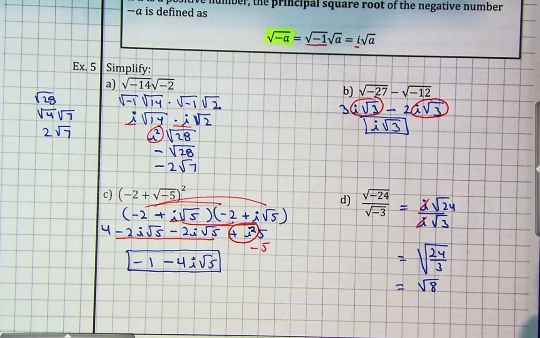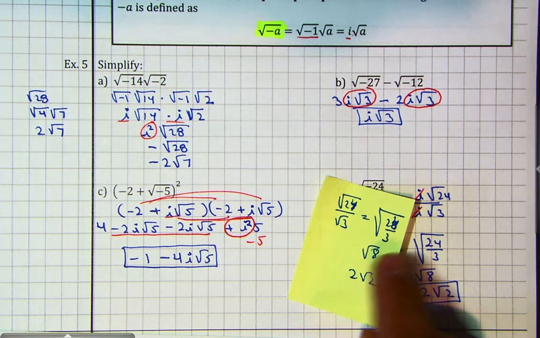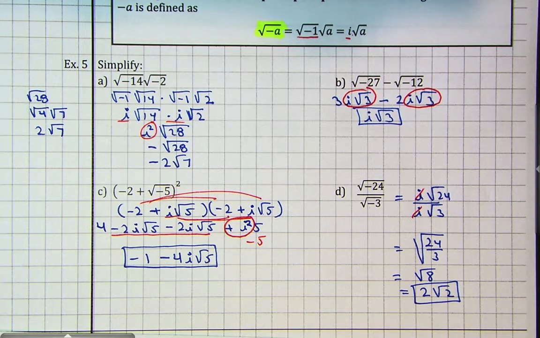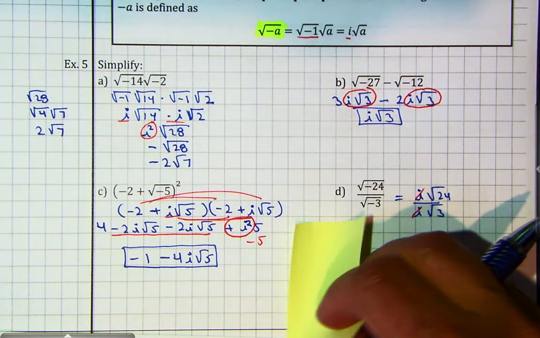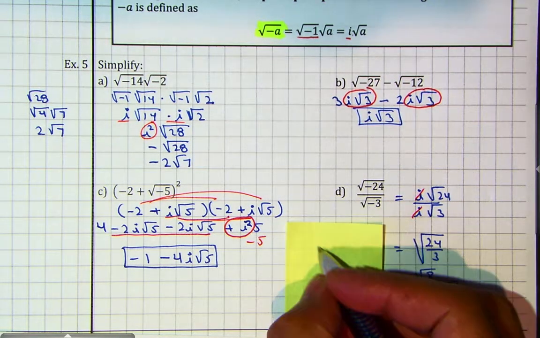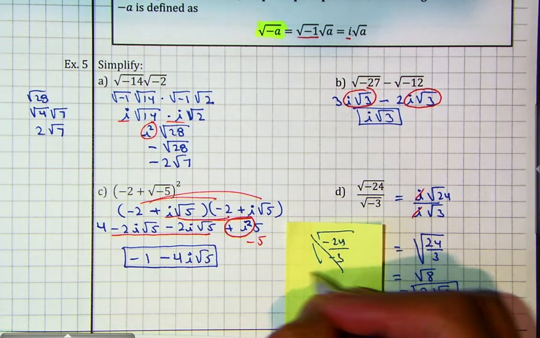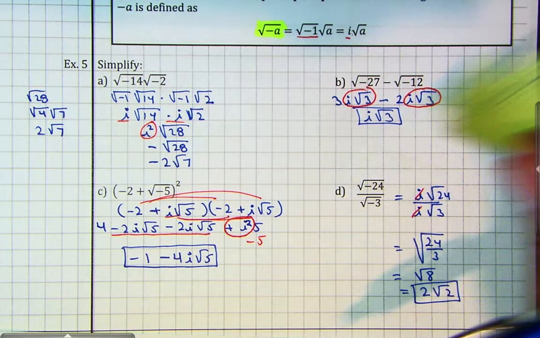And I can rewrite square root of 8 as 2 square root of 2. And I know you'll say, well, yes, you end up with the same thing. Yes, but the process here is correct, whereas if you had done this process, that's wrong, even though that answer is the same.